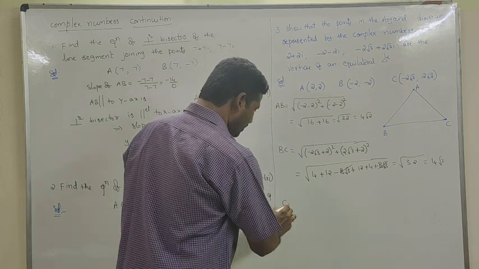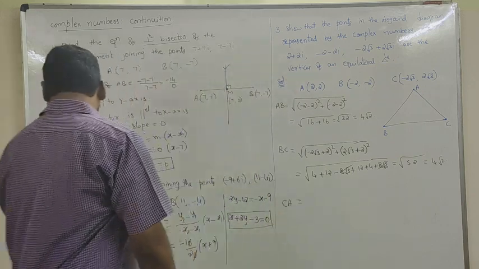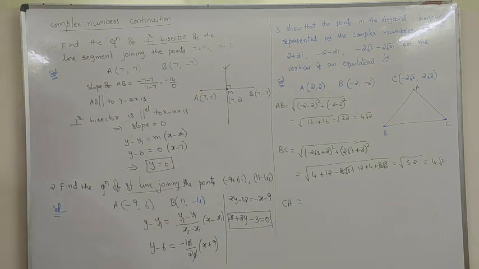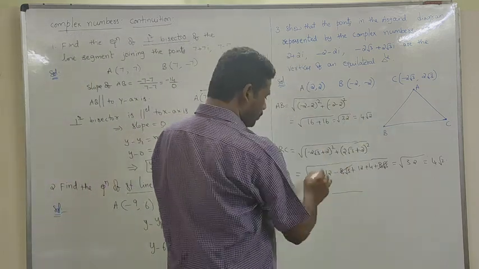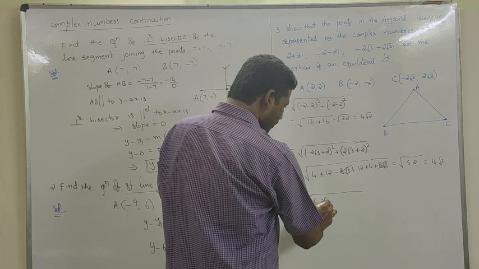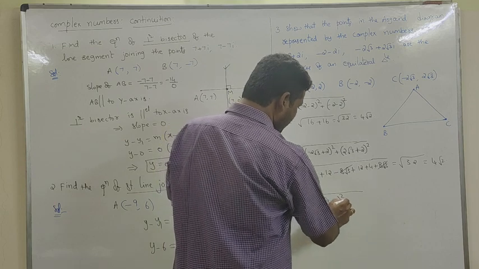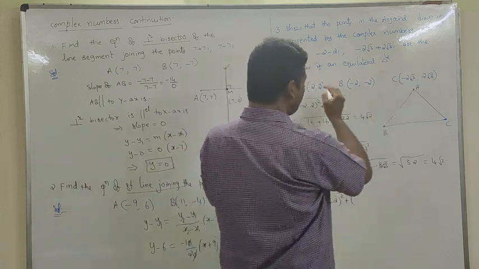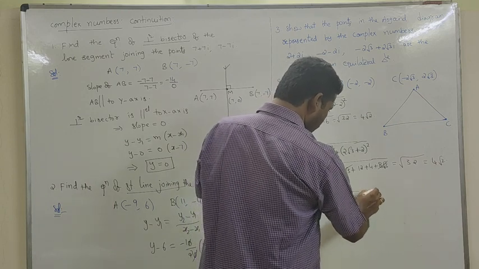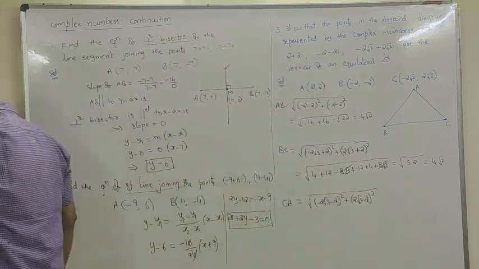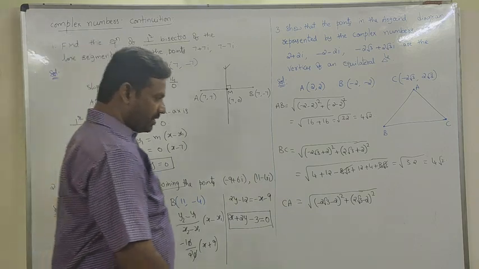Now what is CA? CA equals square root of minus 2 root 3 minus 2 whole square plus 2 root 3 minus 2 whole square.